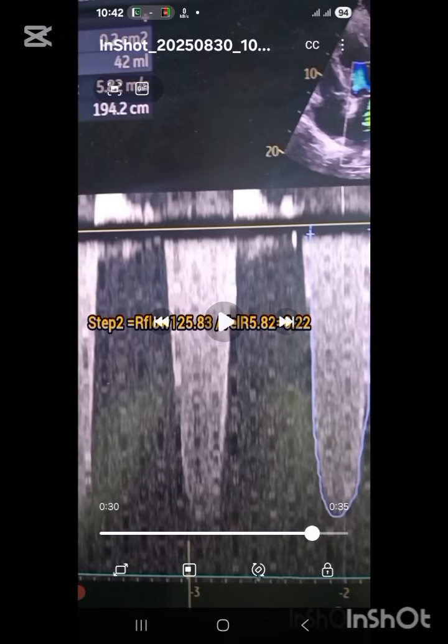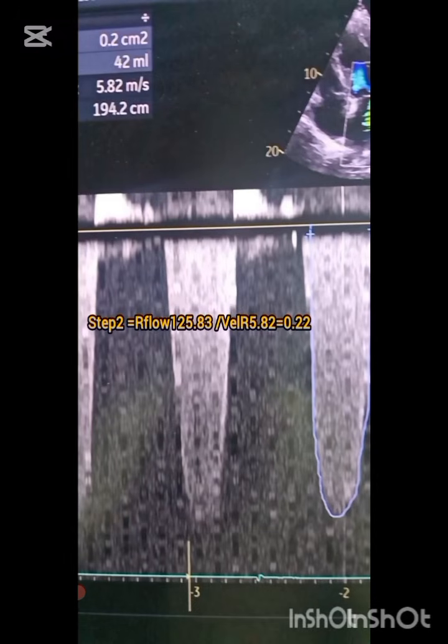We trace the mitral regurgitation jet, and the regurgitant velocity is 5.82 meter per second. So the regurgitant flow, 125.83, we divide by 5.82, which is equal to the effective regurgitant orifice, which is 0.22.